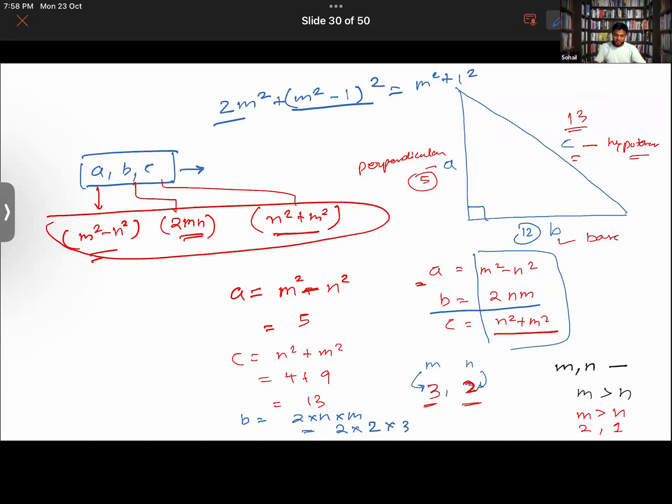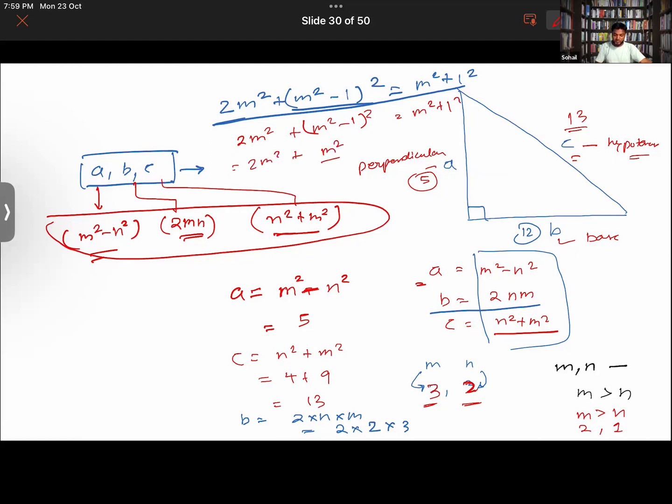Or in fact, use your formula, and that is also correct here. So 2m square plus m square minus 1 whole square equals m square plus 1 whole square.